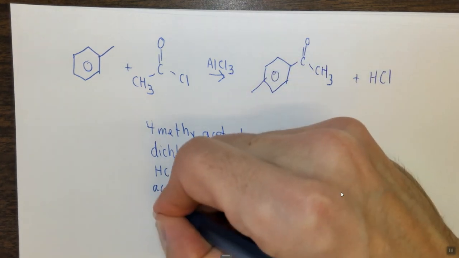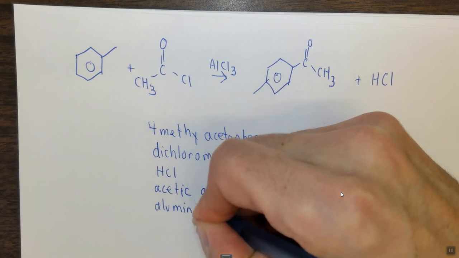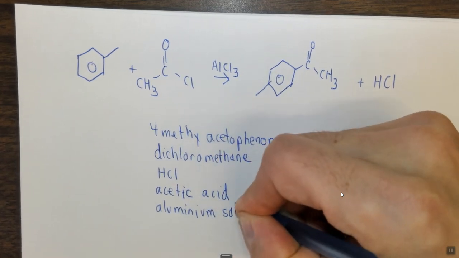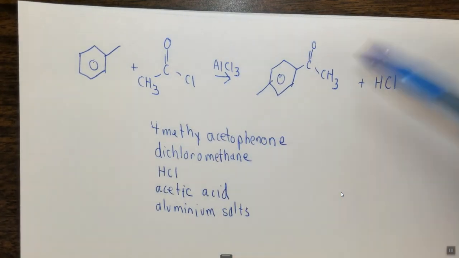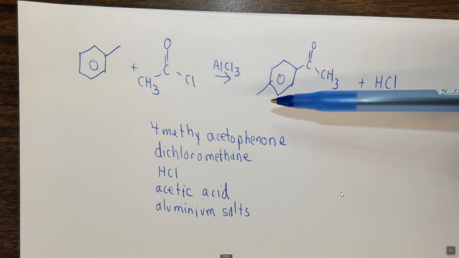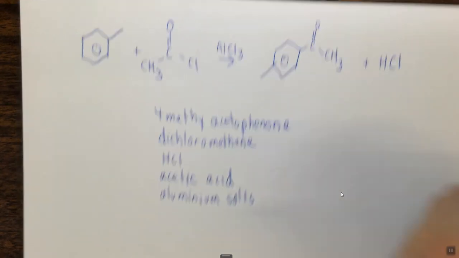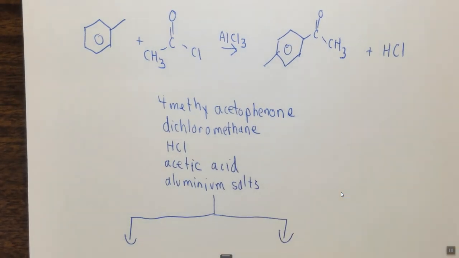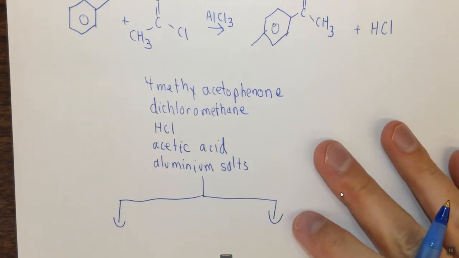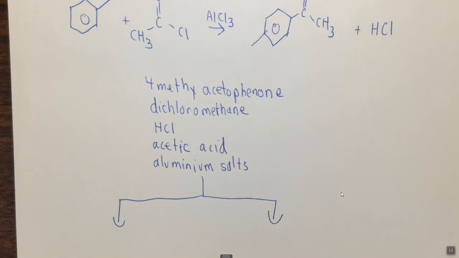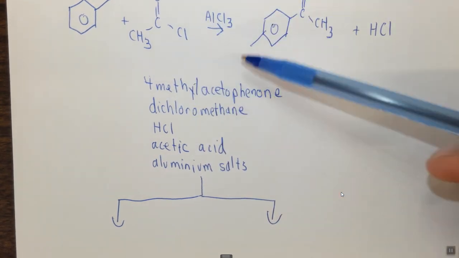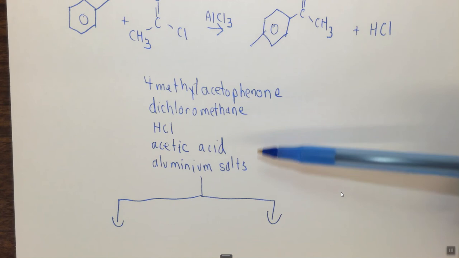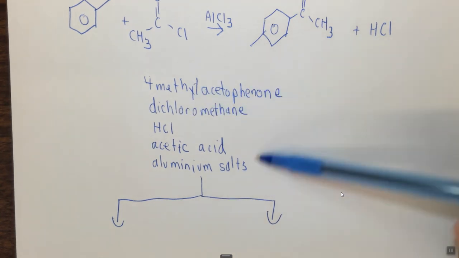I'm just going to call it aluminum salts. So there's going to be some kind of aluminum salts in this system that we can get rid of. So this is essentially going to be the top of your separation scheme. Now, as promised, I'm not going to go over the whole separation scheme, but I did want to give you an idea of where to start.